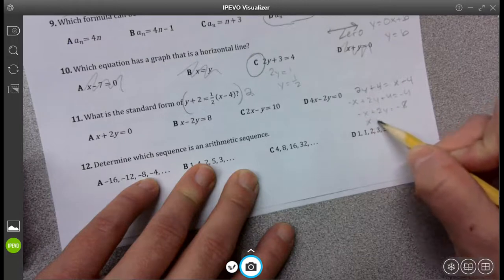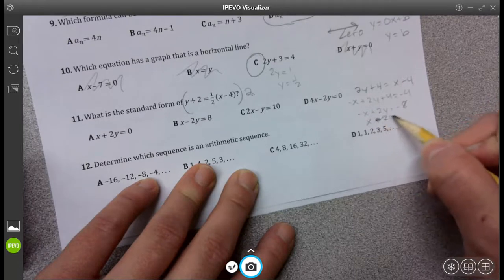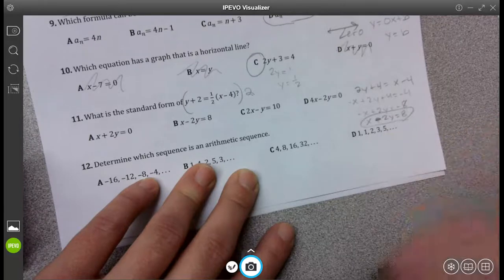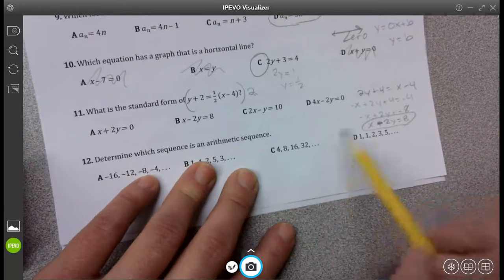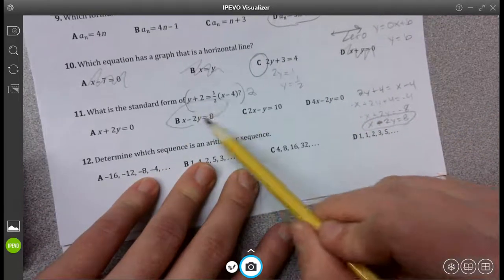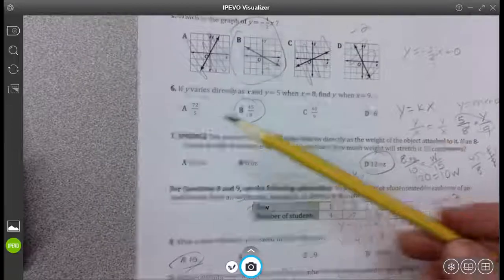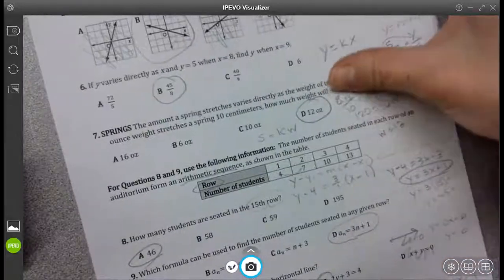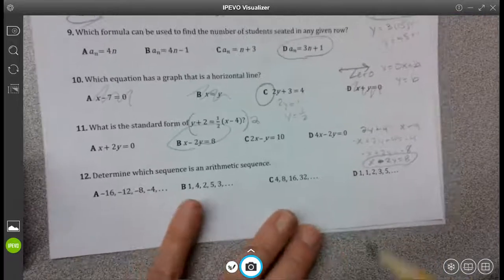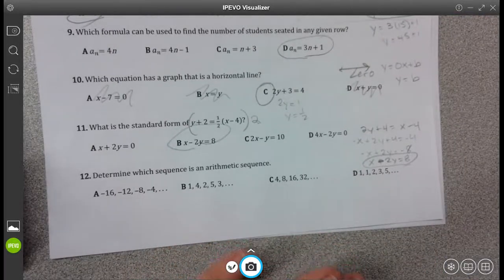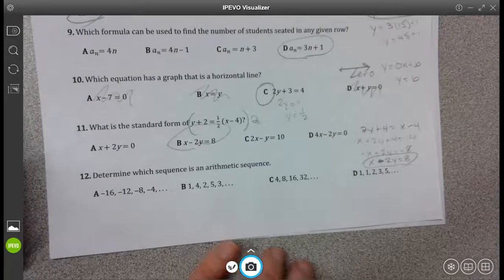But we have to make the front number positive, because that's just the rule. Do we have this somewhere? Yep. If you're not understanding standard form, this is also chapter 3. You can go in your textbook to chapter 3, standard form. So if you need lessons reiterated, use your textbook, use YouTube, use me, email me, we'll Zoom.